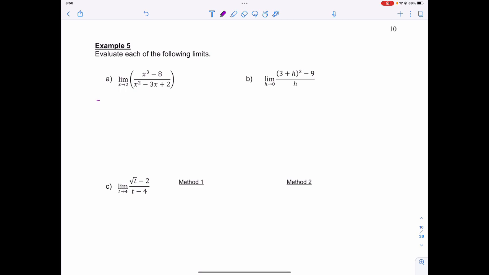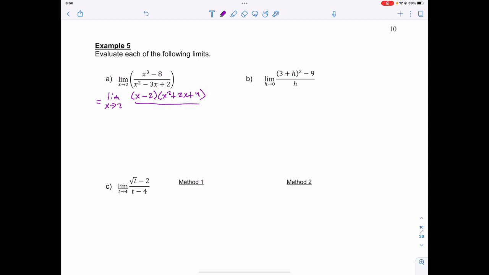I'm going to factor the numerator using my difference of cubes: the cube root of the first term is x, the cube root of the second term is 2, and then I'm going to take the first term squared plus the first term times the second term plus the second term squared.